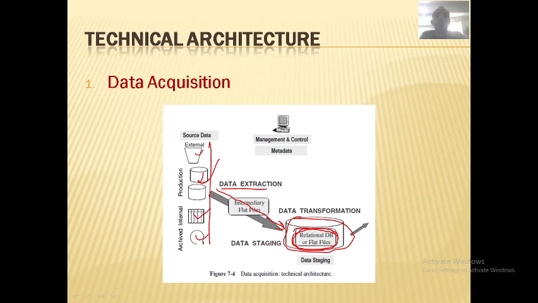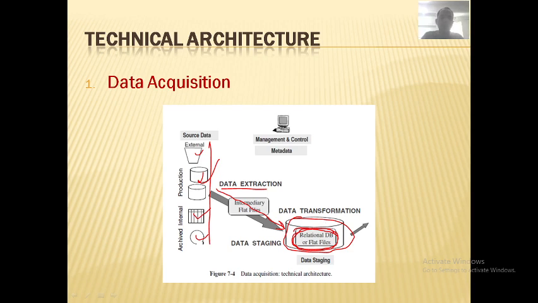Data needs to be transformed. If one source stores the date in YY, MM, DD format, and another stores the same date in DD, YY, MM, with different date formats, those need to be transformed into a single format.